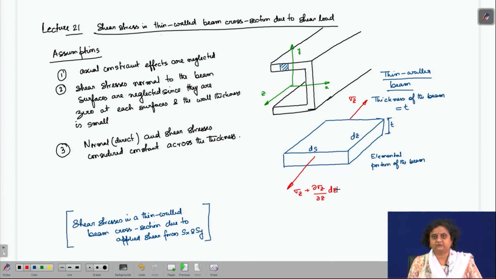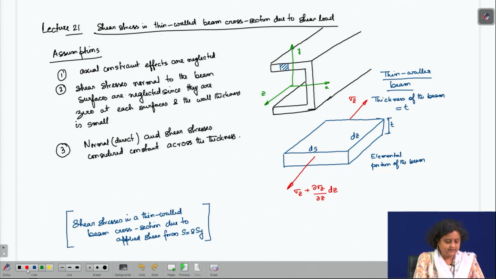This is the normal stress, because the shear forces are going to produce moments and the bending moments are going to produce direct stress. The direct stress varies along the length of the beam because the moments are also varying. It is not a pure moment, it is a moment due to shear force, so sigma z varies along the length of the beam. That is why for this elemental portion we have written this increment in the normal stress.